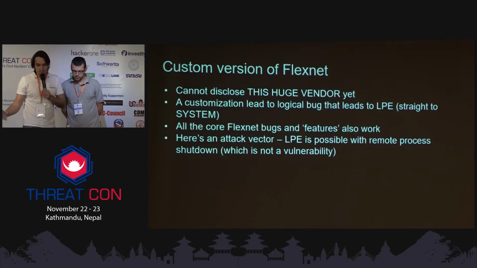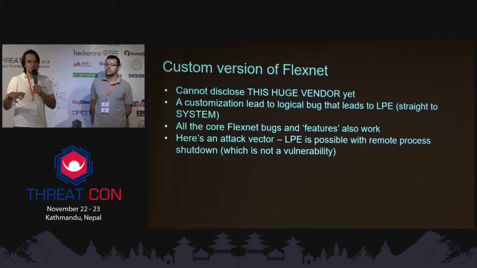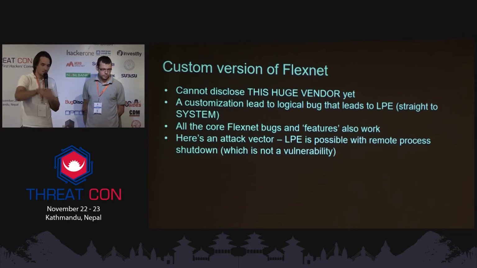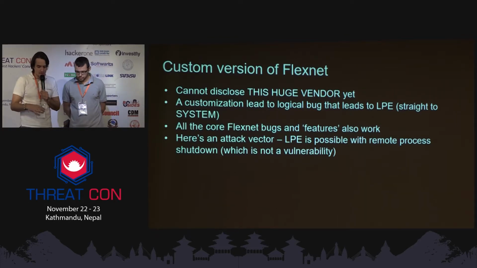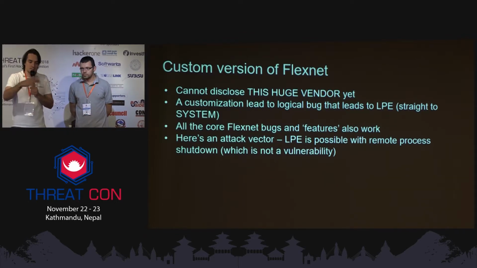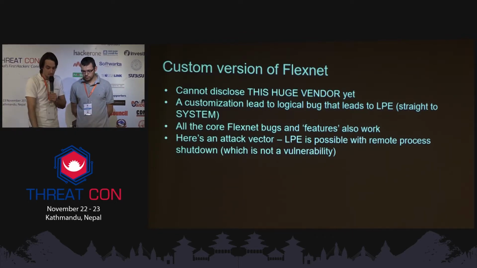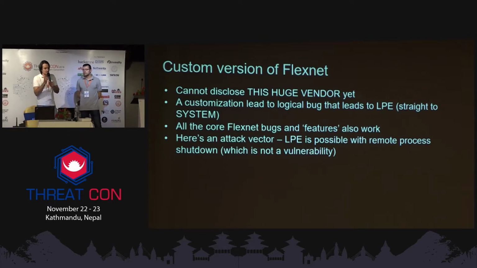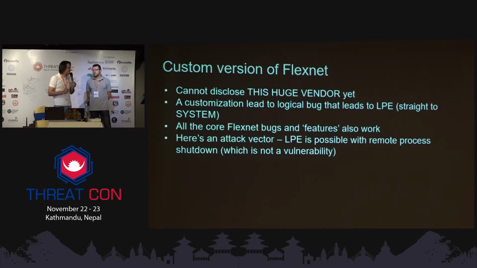Also, in this customization you will see all the same vulnerabilities we found before, like the logical process shutdown. So in the customization we see more vulnerabilities than in the default installation. We will now show a live demo of the local privilege escalation.